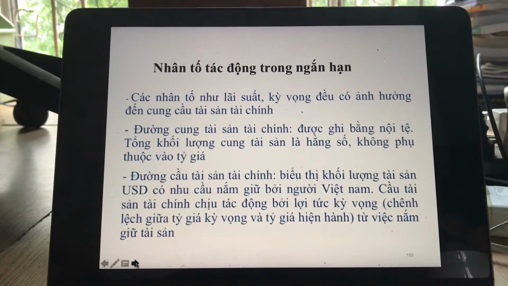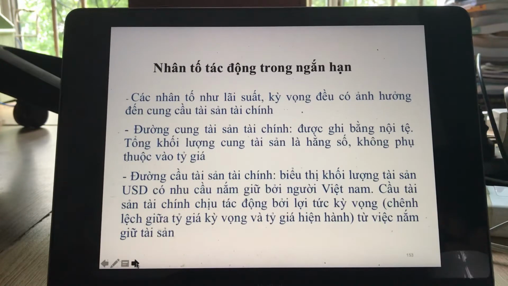In the long run, we use the supply and demand of foreign currency to analyze. But in the short run, we use a new model, the supply and demand of financial assets.